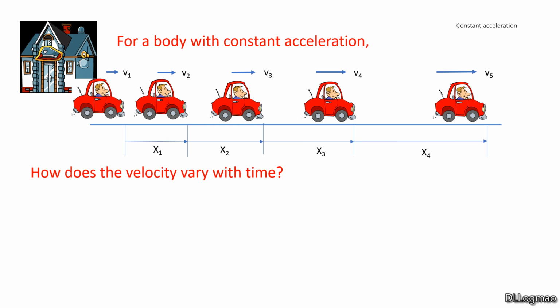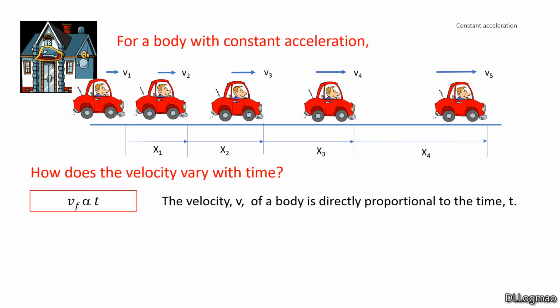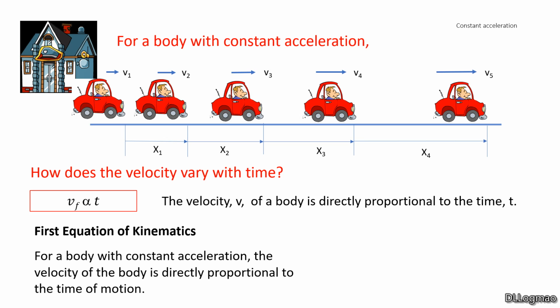So how does the velocity vary with time? The velocity is directly proportional to the time of travel. This is known as the first equation of kinematics. For a body with constant acceleration, the velocity of the body is directly proportional to the time of its motion.